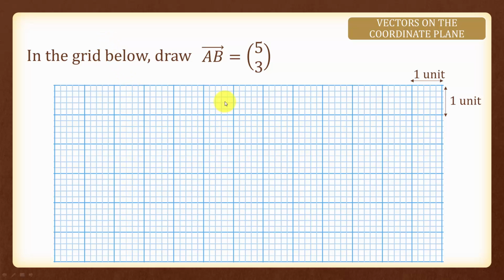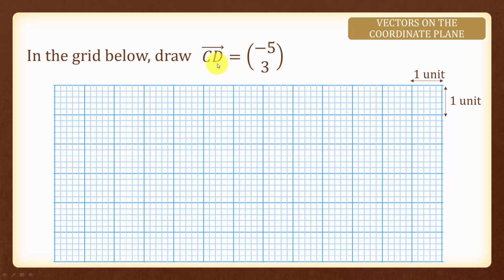In the grid below, we are asked to draw vector AB, which is equals to the column vector (5, 3). We will start from the point A, and the 5 here means that we will move 5 units to the right from A, and we will move 3 units up. This will give us AB equals to the column vector (5, 3).